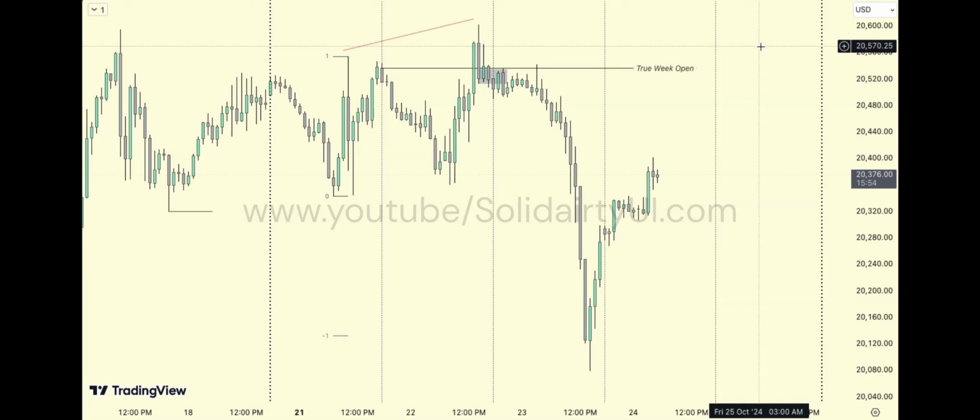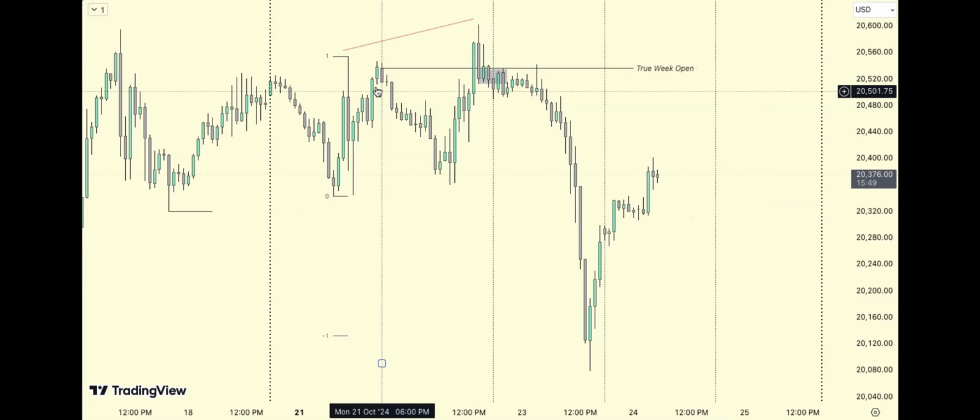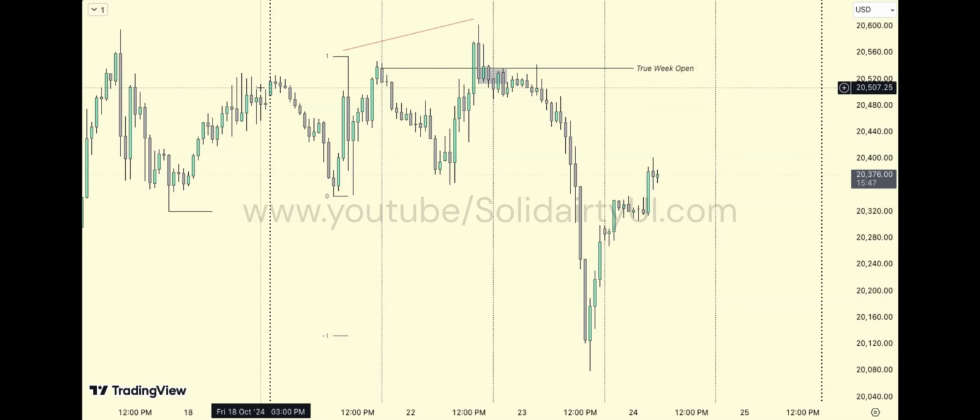So to start with, we had sequential between Friday's high and Monday's high. And a lot of you probably shorted this and didn't hit full TP, or did hit full TP and just took profit early.